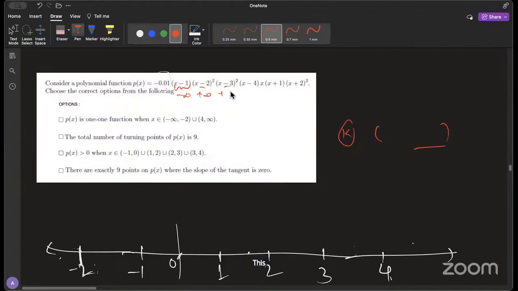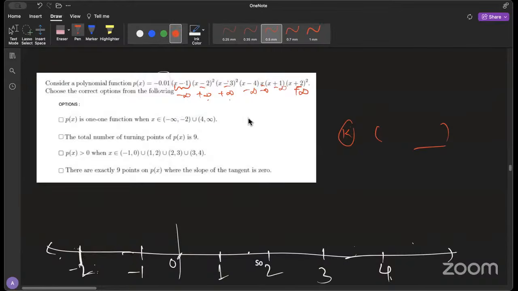As x tends to -infinity, x-1 also goes to -infinity. And because we have an even power here, this factor goes to +infinity. This again goes to -infinity, and this one again, because it has an even power, goes to +infinity.